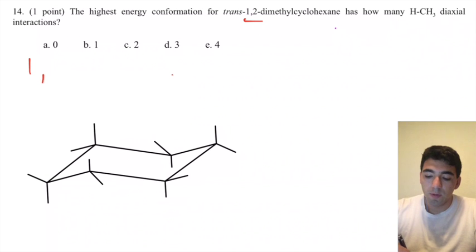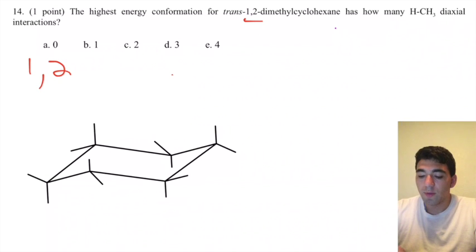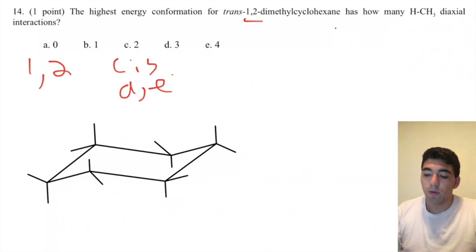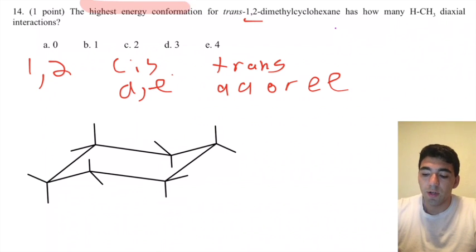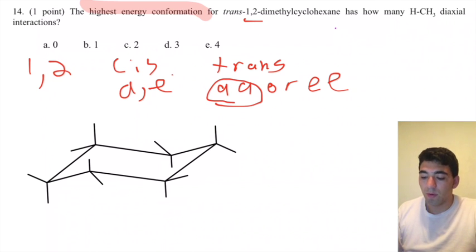We have a 1,2 trans, so if it was cis, using my odd even, we have them being different, so axial equatorial. And since this one's trans, it's the opposite of that, so it's axial, axial, or equatorial, equatorial. And they want to know that in the highest energy conformation or more unstable. Axial, axial is way more unstable than equatorial, equatorial.